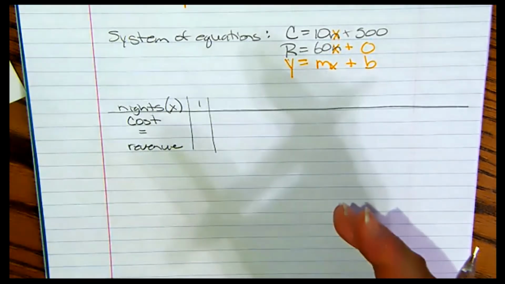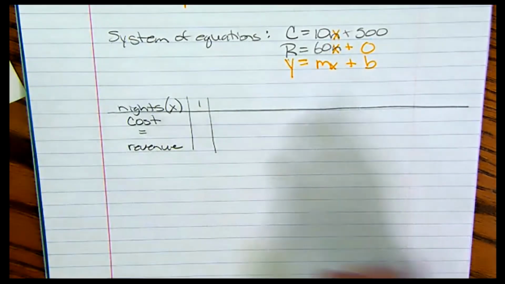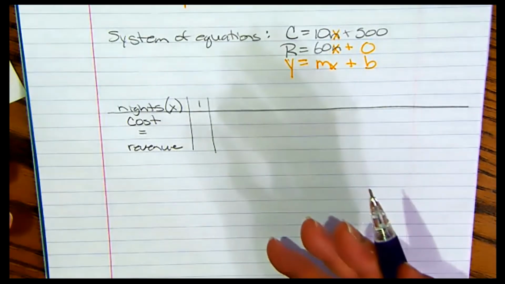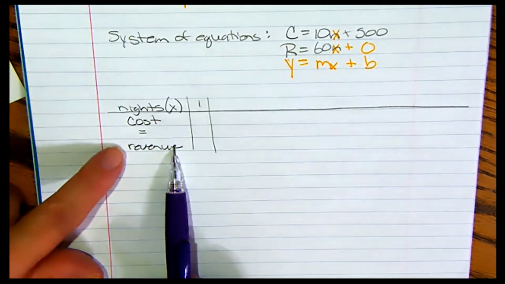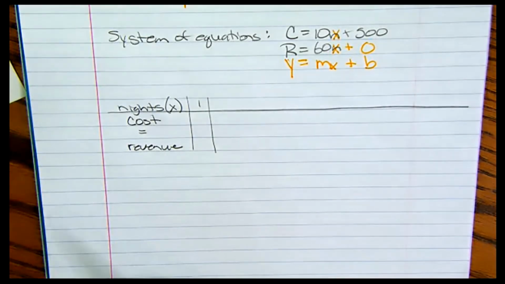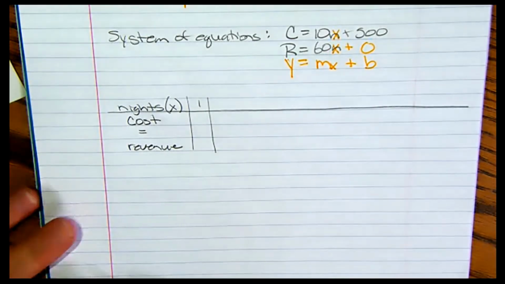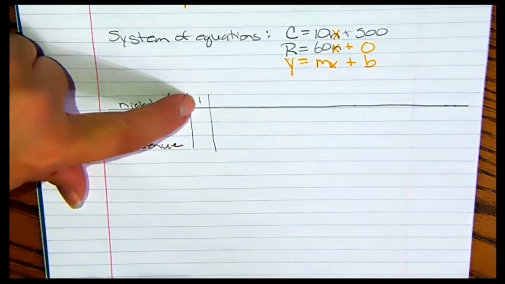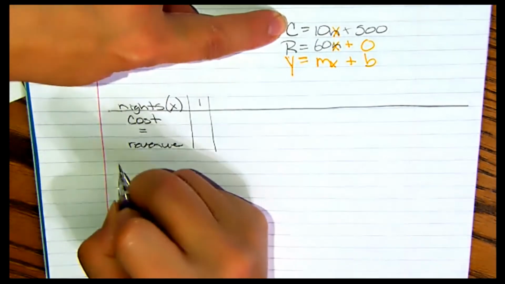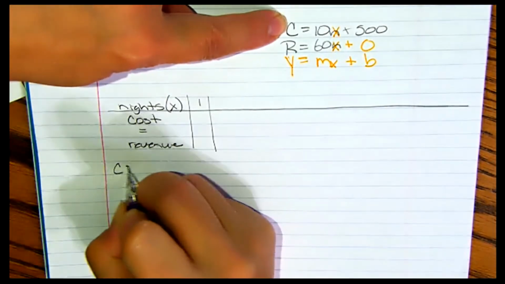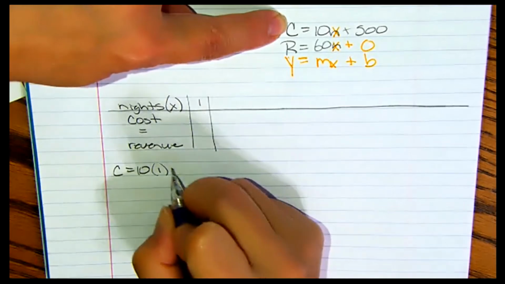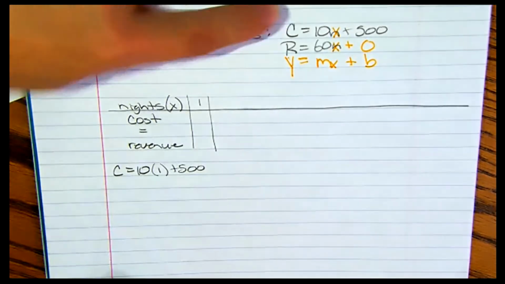How many nights do we need to rent that room so that our revenue is greater than our costs? So I'm going to start with one night. So X is 1. So my cost is $10 times one night plus 500.